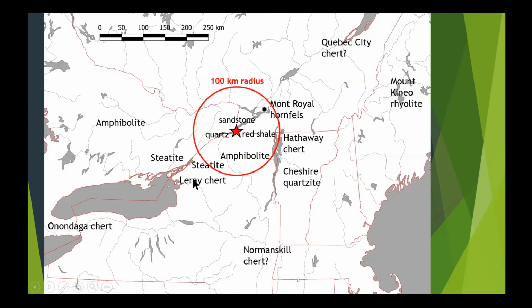It's really very little. And then further afield, you have a couple of pieces of Chester quartzite, a couple of pieces of Hathaway chert from Vermont, and then a couple of pieces of Mount Kineo rhyolite, one or two points made out of Onondaga chert. Those were probably obtained through exchange with other villages.